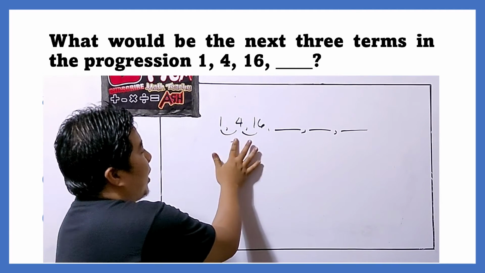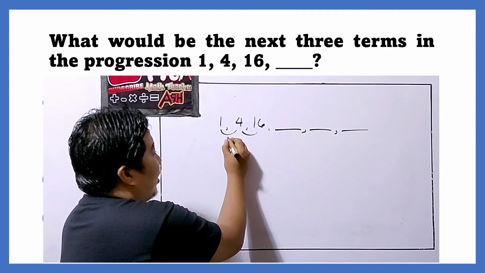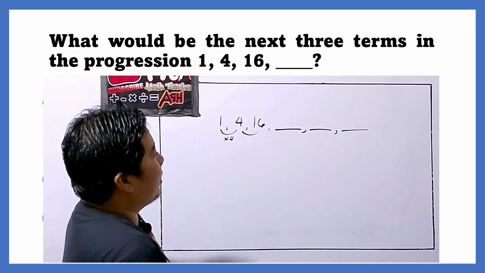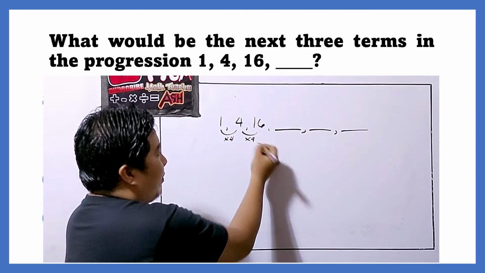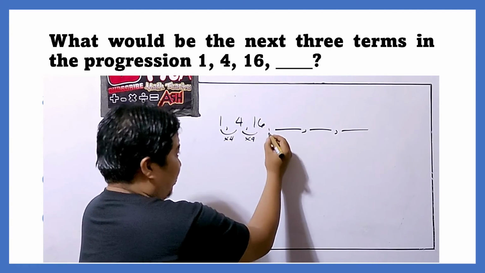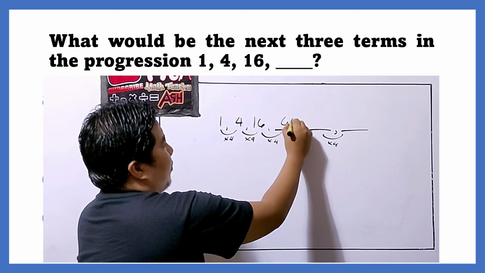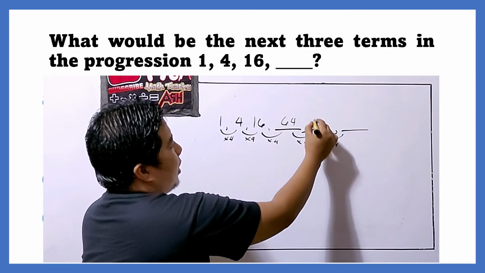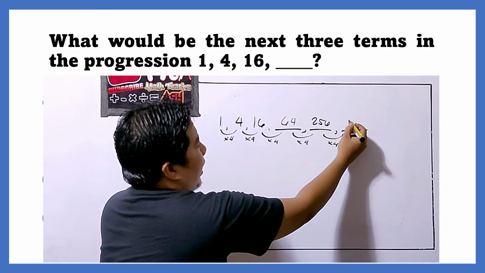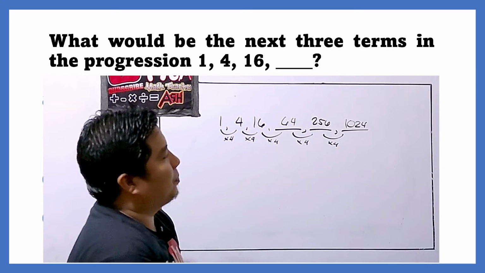Now, we will use multiplication. What happened to 1 why it became 4? It is multiplied by 4. What happened to 4 why it became 16? It is again multiplied by 4. Now, we have a pattern. Okay, so now, we just continue this pattern. So, 16 times 4, that is 64. 64 times 4, that is 256. 256 times 4, and that would give us 1024.